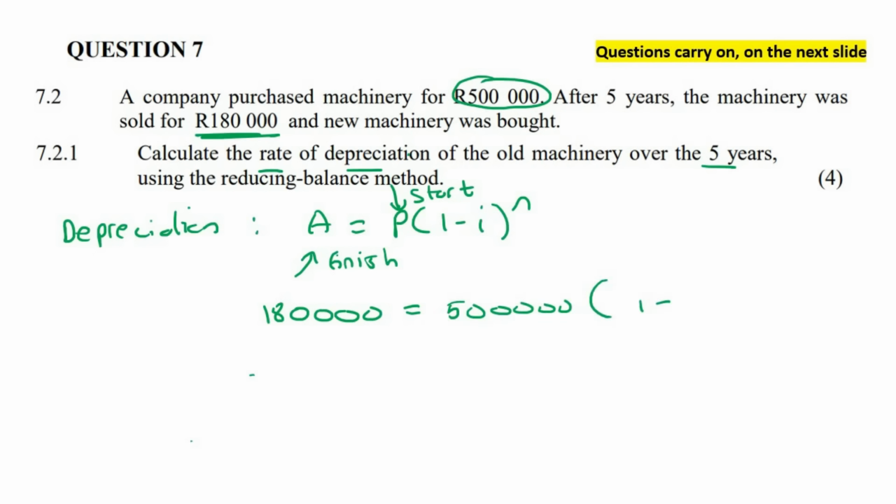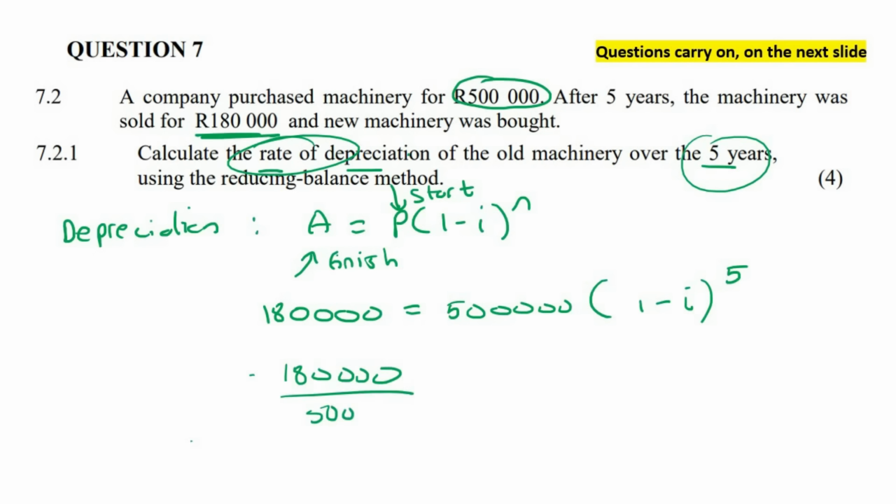Okay, and then this would be 500,000 times 1 minus i. Now, the interest rate is what we are trying to calculate. That's your rate of depreciation. The number of years is 5. There we go. Now, to calculate this, you're going to first divide by 500,000. We're not going to use logs. When there's a number over here, we just need to take the fifth root on both sides.